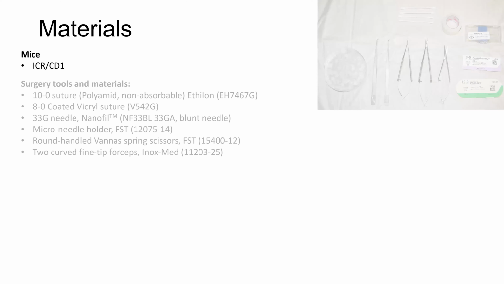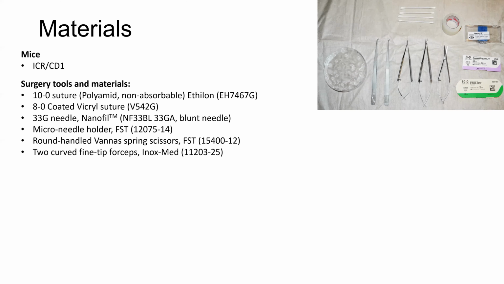The surgery tools and materials that you need for this surgery are polyamide sterile synthetic and non-absorbable suture to constrict the aorta. It is size 10:0. You need an absorbable suture for suturing the ribs and skin.